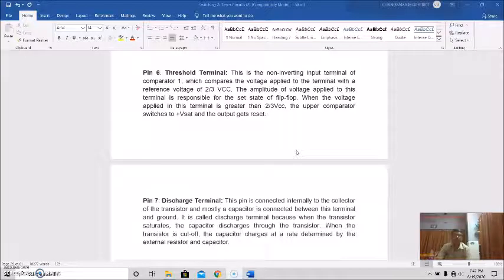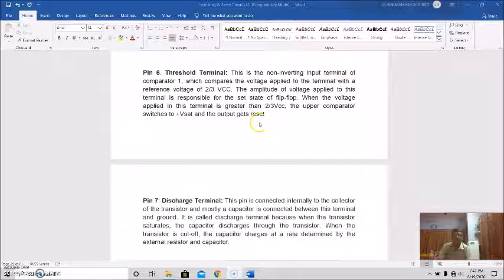The amplitude of voltage applied to this terminal is responsible for the set state of flip-flop. When the voltage applied in this terminal is greater than 2/3 of VCC, the upper comparator switches to positive saturation voltage, and the output gets reset.